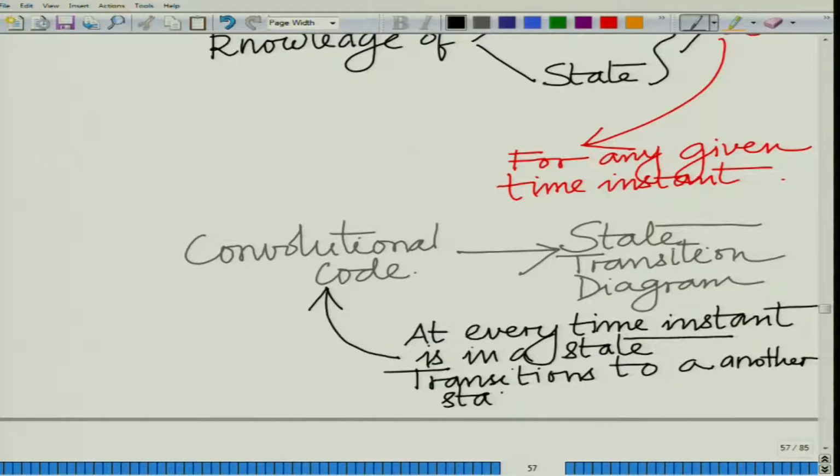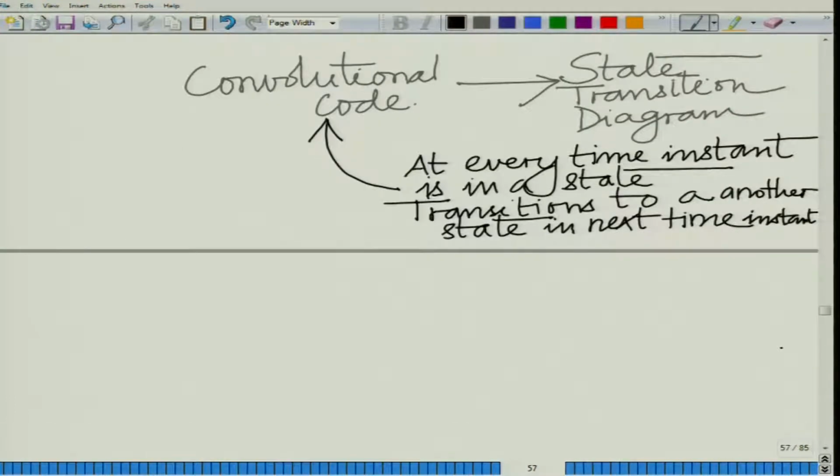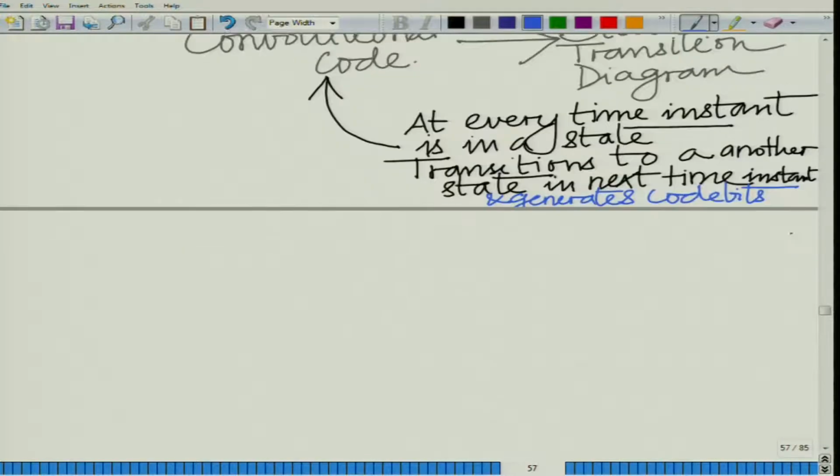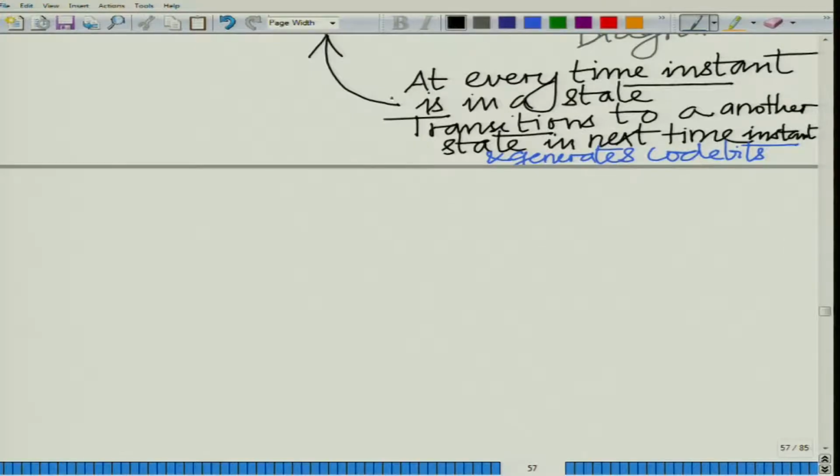There can be self transitions also, to another state in the next time instant, of course, and it also generates code bits.